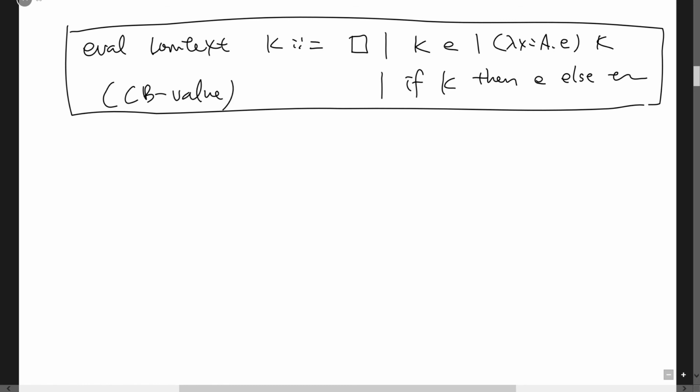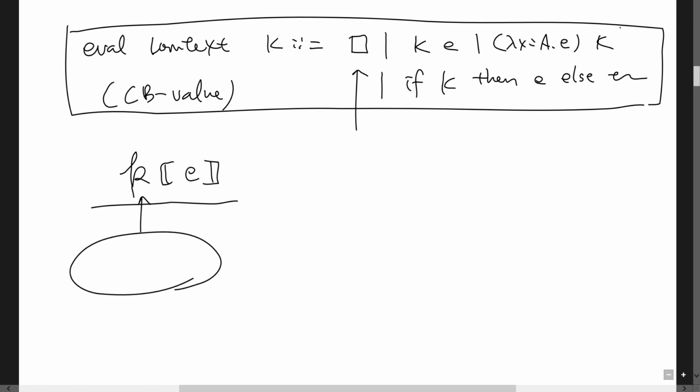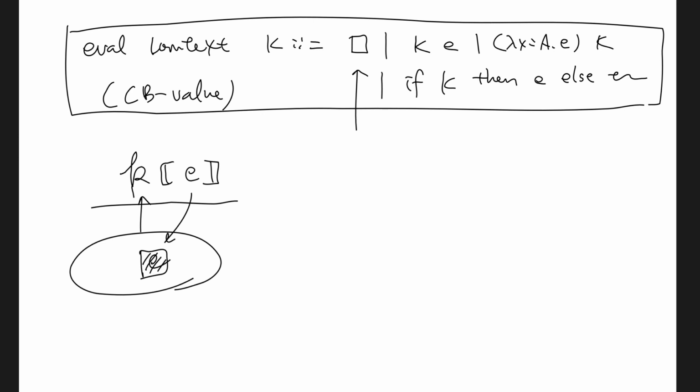Now, let's put together all these things and develop the alternative formulation. First, we need an operation that actually fills this hole with an expression. So we use this notation, kappa hole expression E. The intuition here is you have a kappa, so you have some expression with a hole in it, and now I'm going to fill this hole with a concrete expression E. This is of course defined inductively.